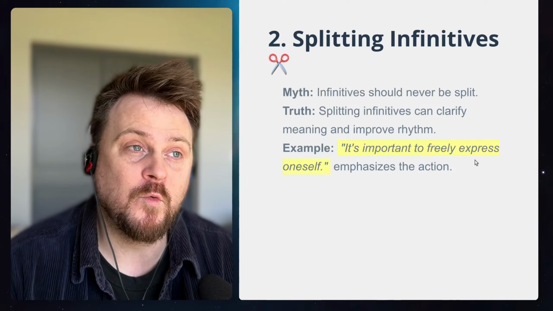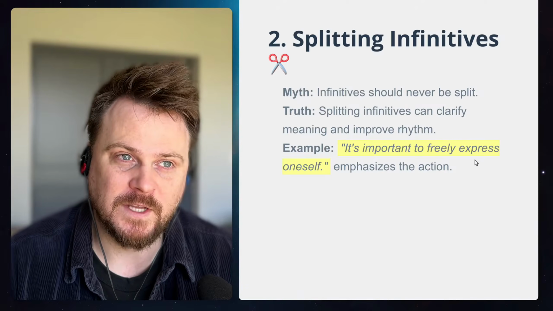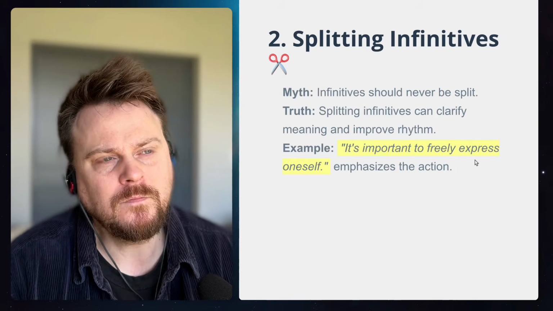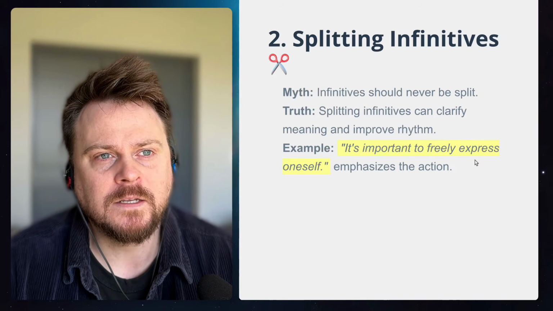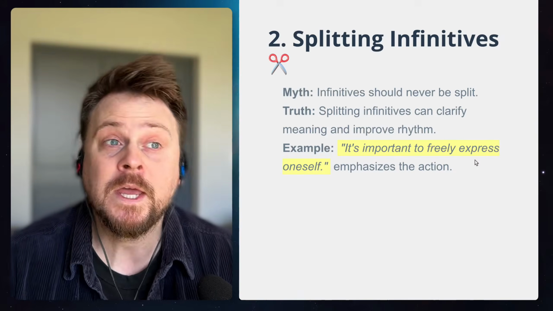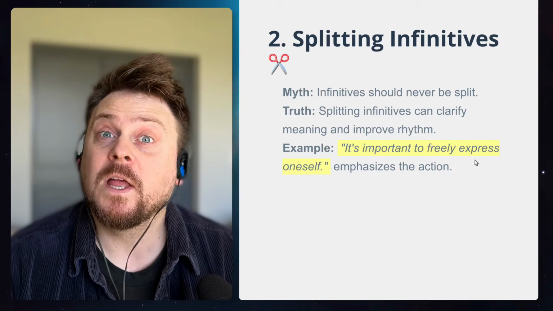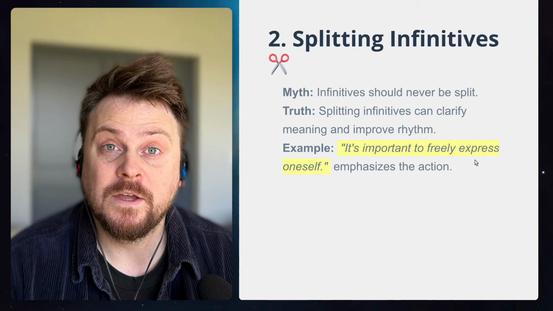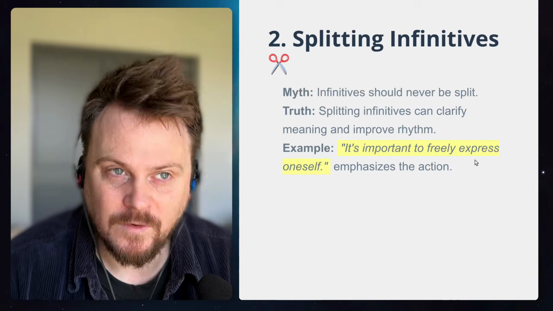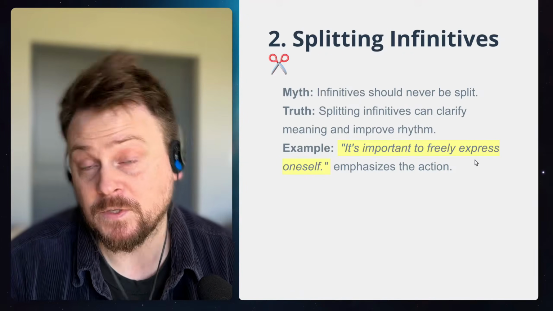Walk is acting as the complement of the verb. So we could replace to walk with that. I like to walk. I like that. I like it. Okay, so it's an activity. So it's treated as a noun.